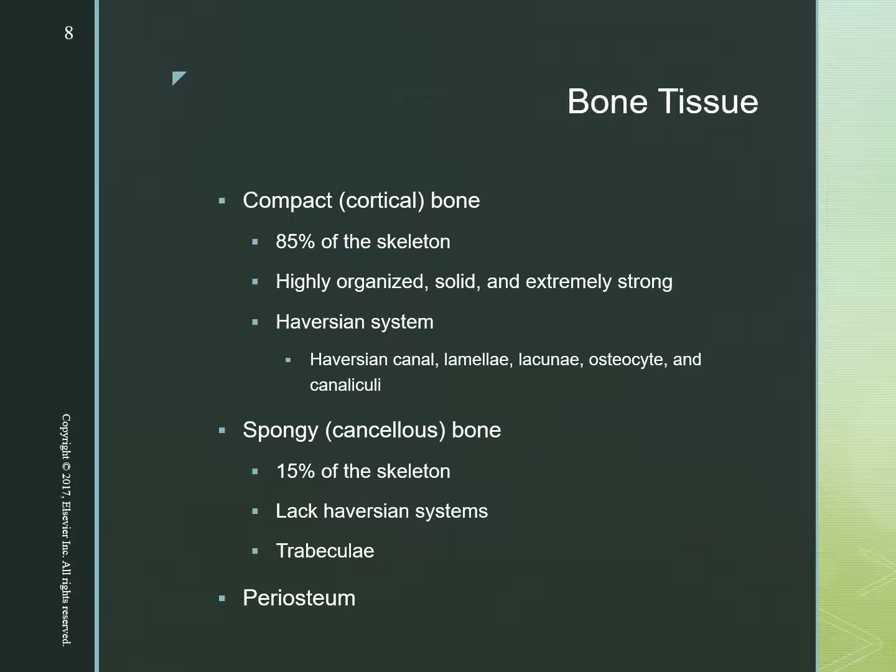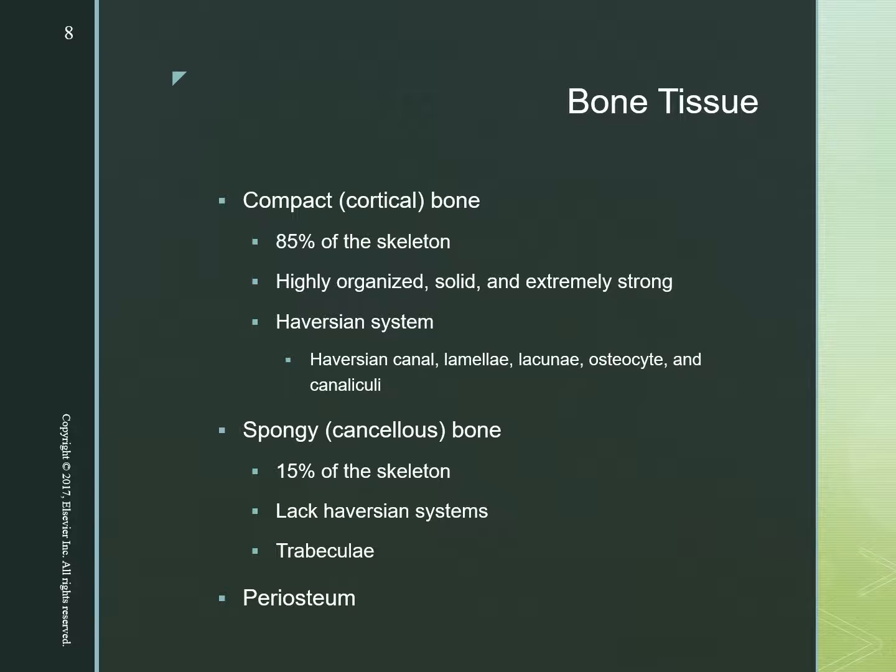Okay, so the compact cortical bone makes up 85% of the skeleton. It's highly organized, solid, and extremely strong. It's part of the Haversian system. The centralized canal is called the Haversian canal. It has concentric layers of bone matrix called lamellae.